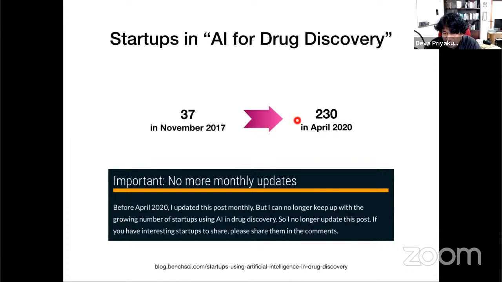Then early this year, in April, 2.5 years later, that number grew to 230. That's a huge surge in the number of companies entering the space. This is actually from a blog, and the author says, I can no longer keep up with the growing number of startups using AI for drug discovery, and he stopped updating. I haven't checked recently.